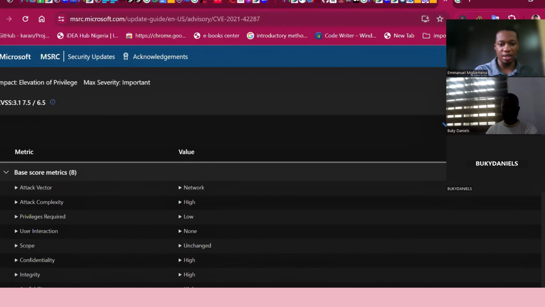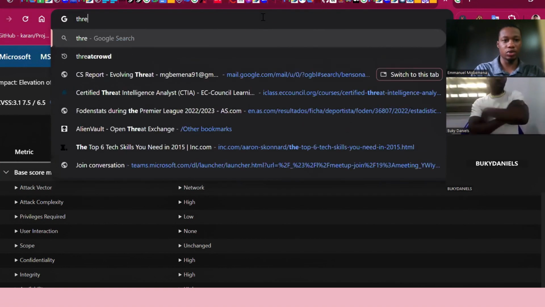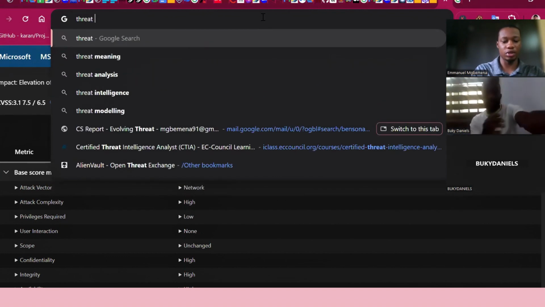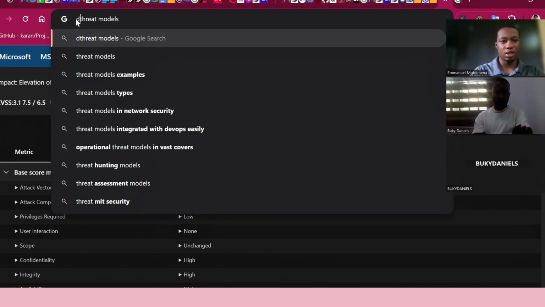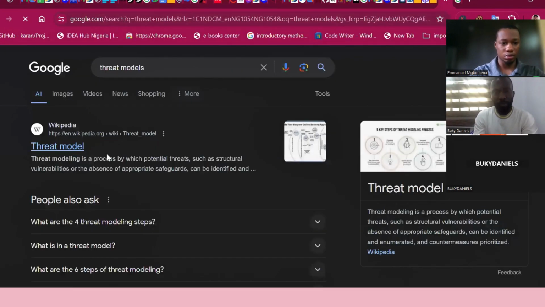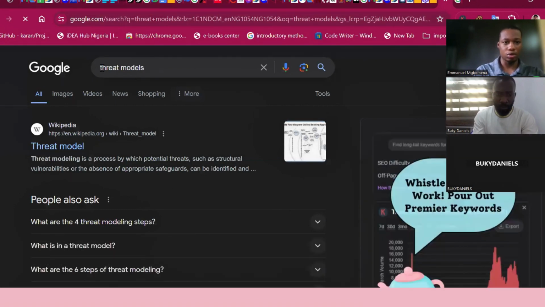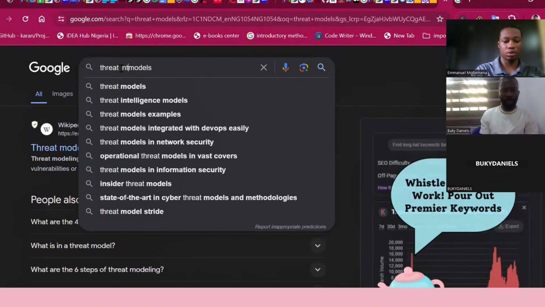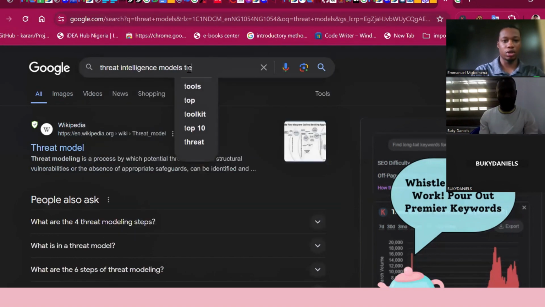Again, let's look at some threat models. Let's see the different threat models that we have there. So they all have meaning. That DREAD that we saw has a meaning, like each letter has a meaning.